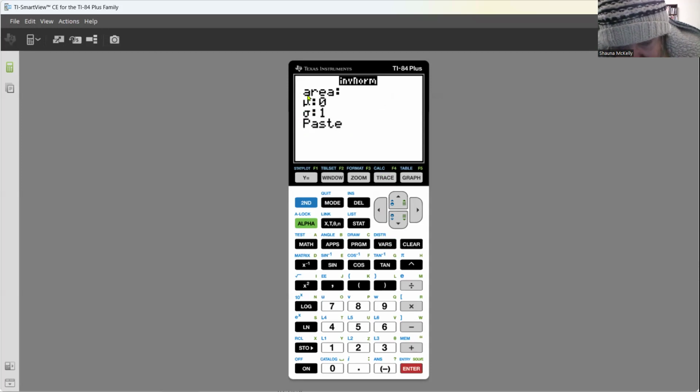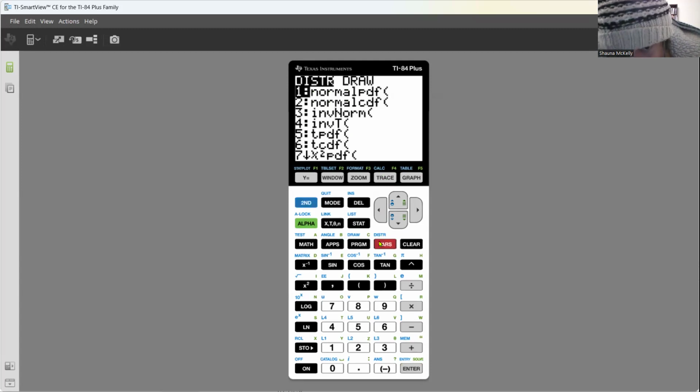You don't have a left and a right here. You have area, mu, sigma, and paste. Okay. Inverse norm area. Now, compare that to normal CDF here.